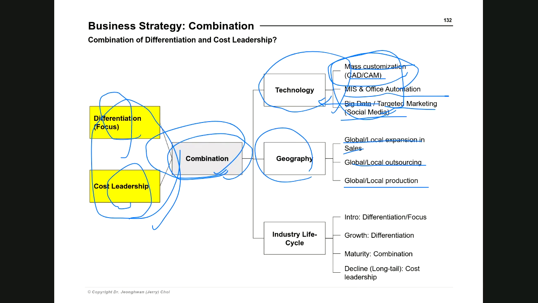KFC. So when you go to the KFC in the morning, you can order the porridge.